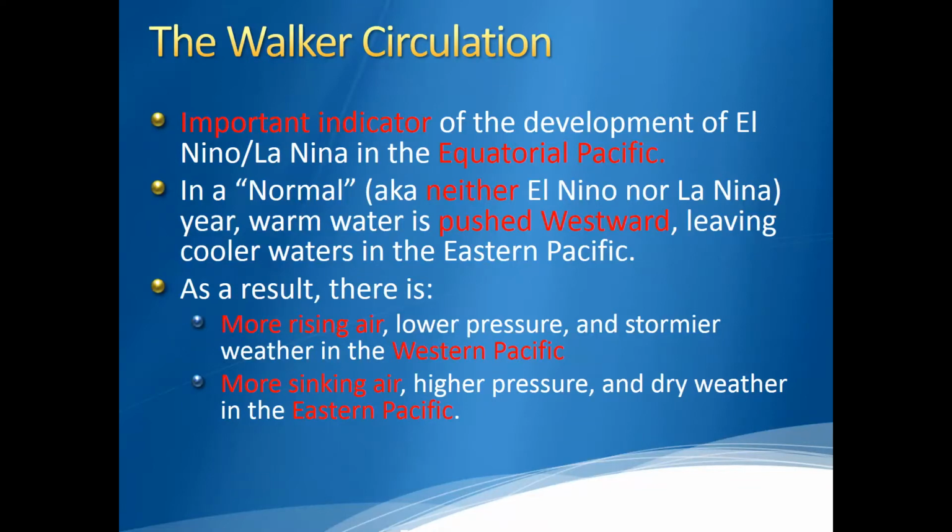The trade winds blow from east to west. As they blow over the ocean, they push that warm surface layer of the ocean towards the west, where it bunches up on the western end of the Pacific Ocean. And what you get is a big bulge of warm water in the Western Pacific.